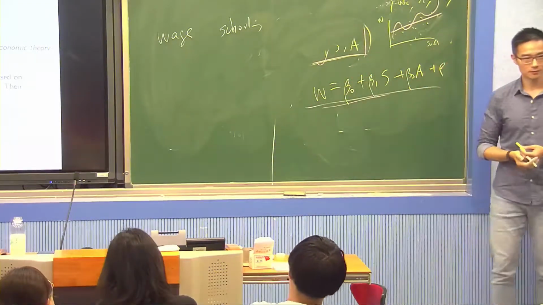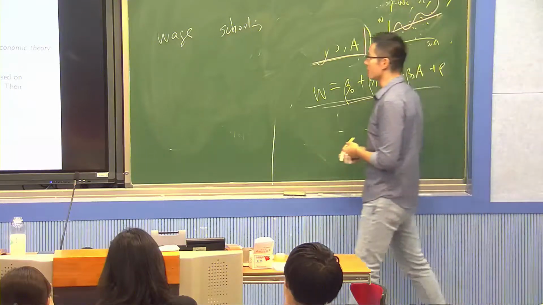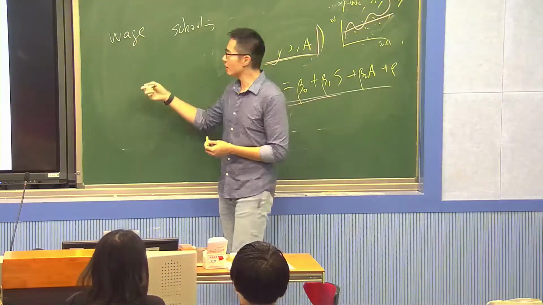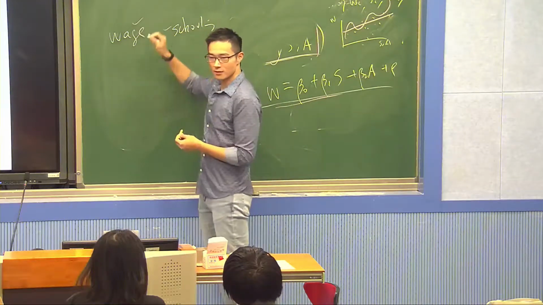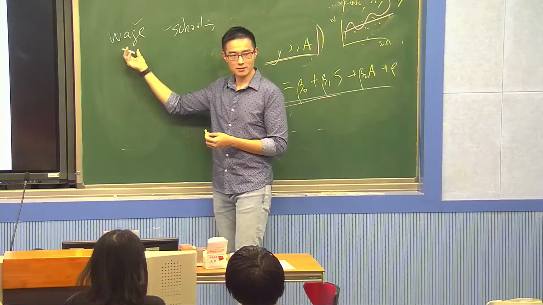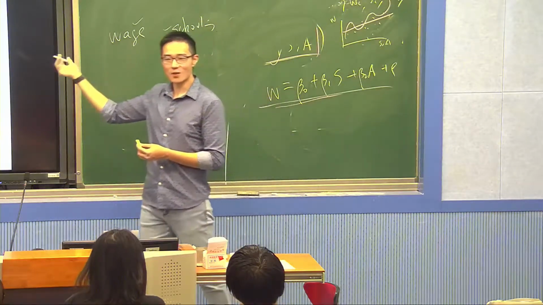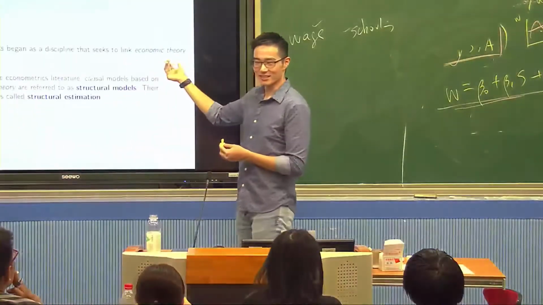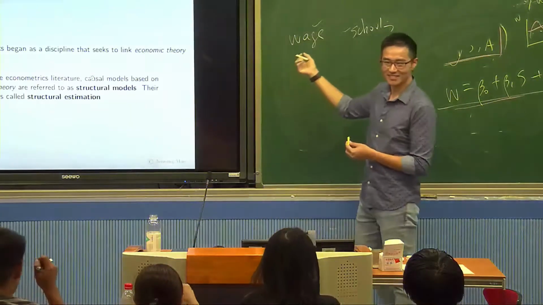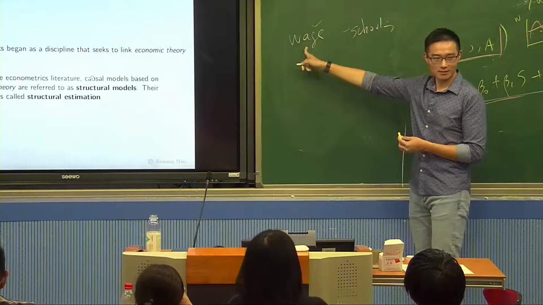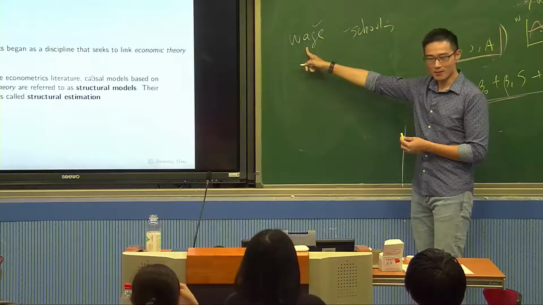Now the problem is, what does economic theory say about this? In economic theory, what's the relation between schooling and the wage? Do people know? In your Econ 101, in your principles of economics class, how is wage determined? Do people remember?